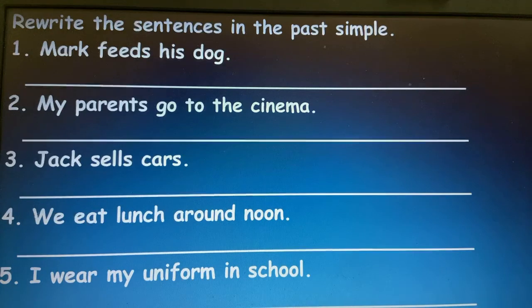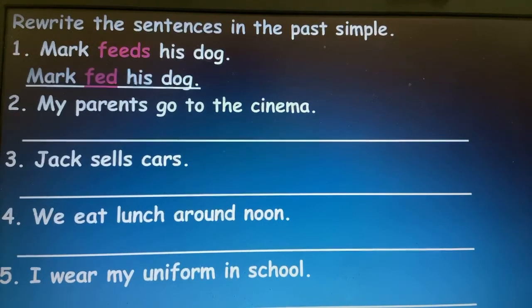This sentence becomes in the past form: Mark fed his dog. Here the sentence means that it happened in the past. How did we know? Because the main verb fed is in the past form, but it is irregular. So, Mark fed his dog.